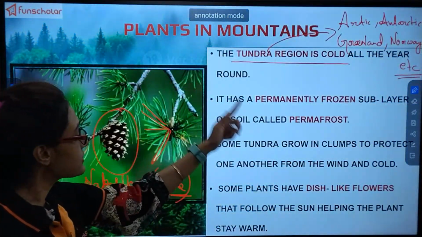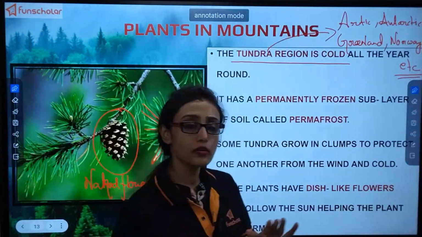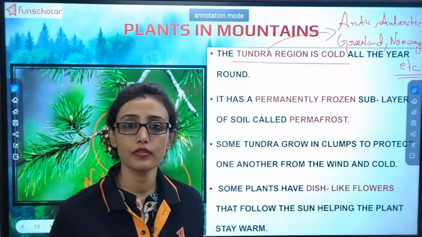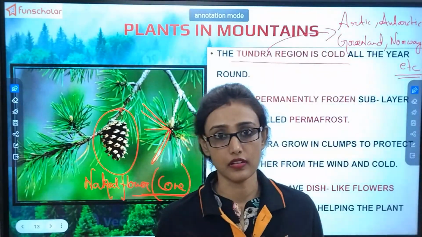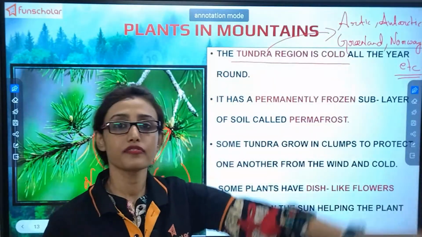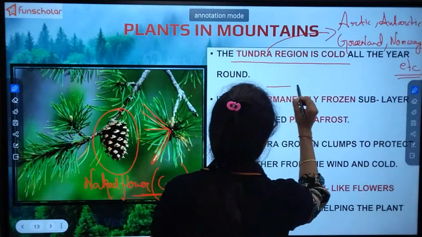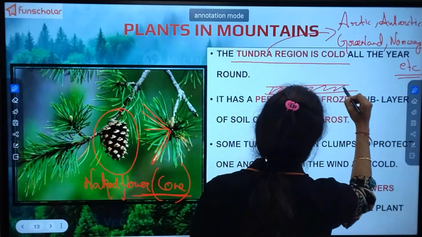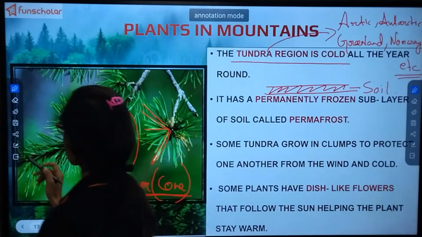So now see this tundra region, there you can see only white snow. Everywhere in the surrounding there is white snow. You can't see the soil ever. So there is a layer of snow above the soil. Suppose this is the soil. Okay.